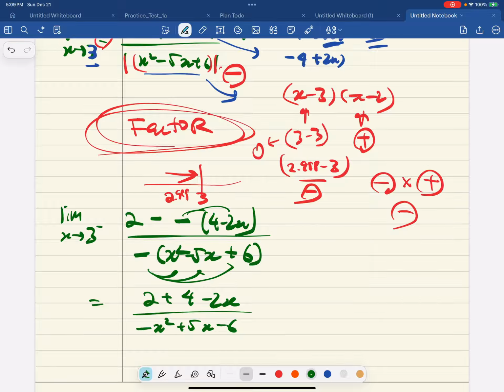Or you could have just distributed it, minus 4 plus 2x, and then another minus in the front, so it will become 2 plus 4 minus 2x. And this one here, you can actually simplify even further.